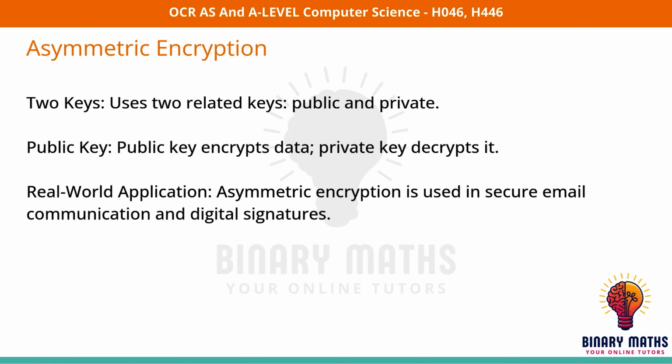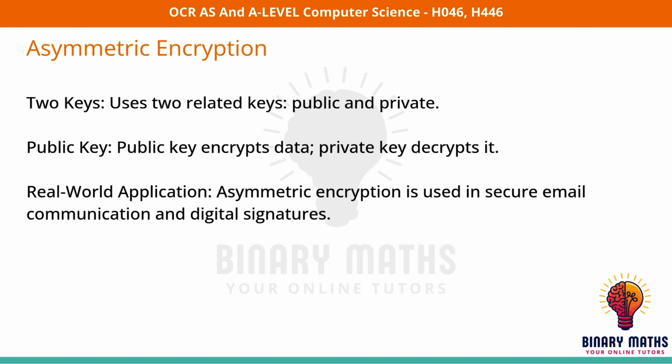Asymmetric encryption uses two separate but related keys, a public key and a private key. The public key is made public so that others can use it to encrypt data intended for you. However, the public key cannot decrypt the data. Only the private key, which is known only to you, can decrypt the data.